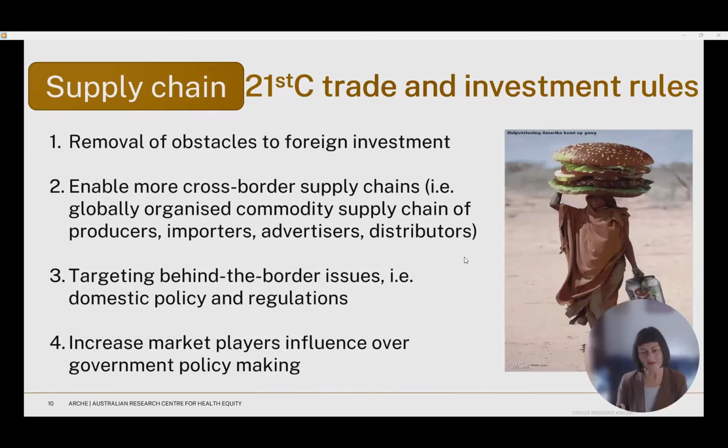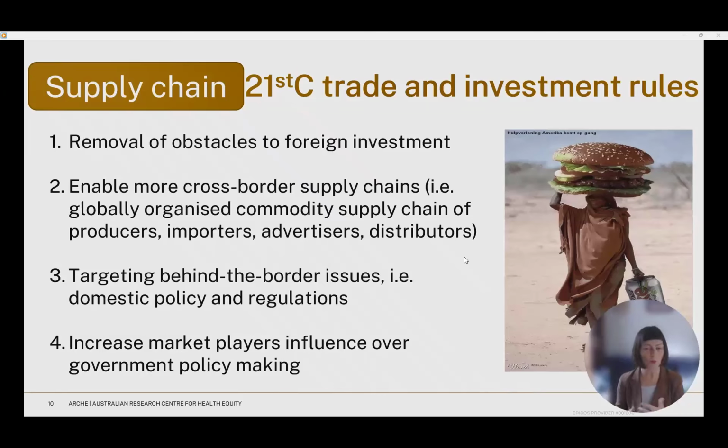What that has started to mean, however, is what's called behind the border issues, where trade and investment policies or treaties have clauses in them that protect companies in those jurisdictions.